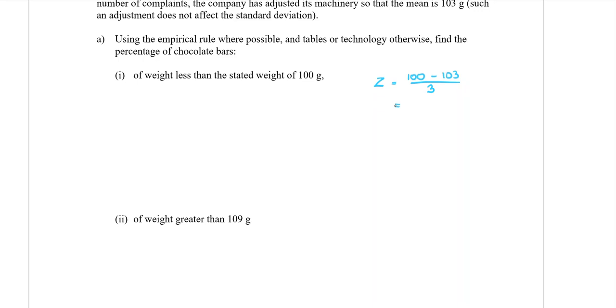What does that equal? -1, that's right. So we are trying to find the percentage of people, if I draw my little normal distribution here, because we're meant to be using the empirical rule where we can, that have a weight less than 100 grams, which we now know is a Z-score of -1. So there's my -1, and I want the percentage of bars that are down there.